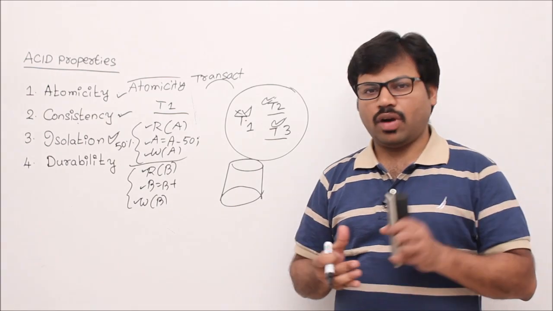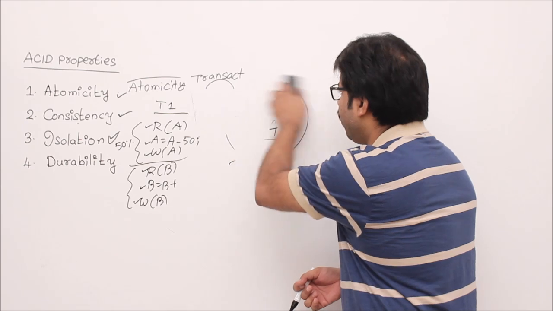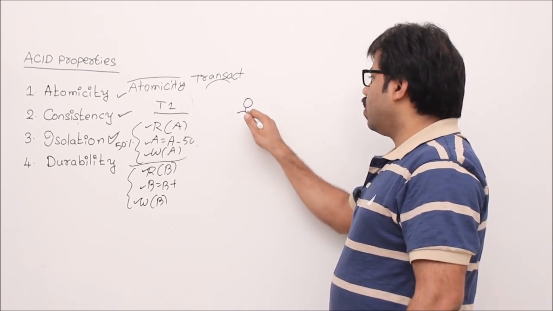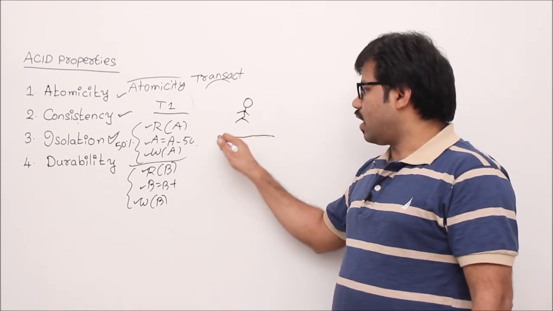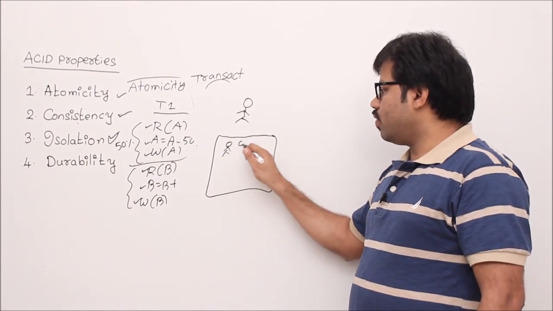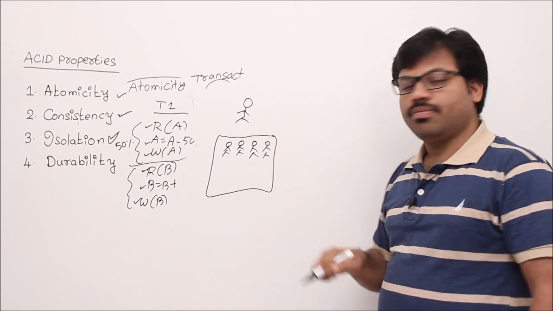That is a very essential property. For that I will give you an analogy. Example, let's say you are preparing for GATE. So this is one classroom, right? In this classroom, one faculty is teaching the class. These are all the students. Now everyone is attending the lecture seriously, right?